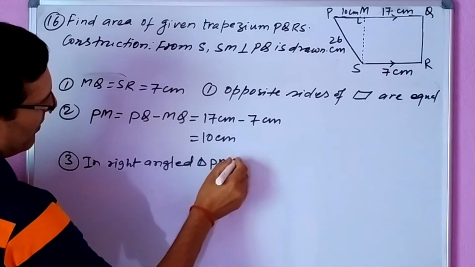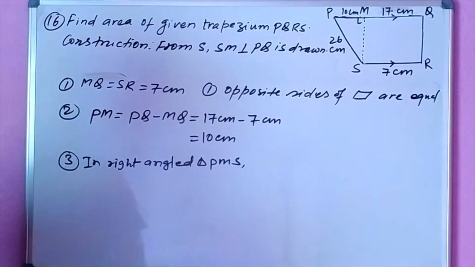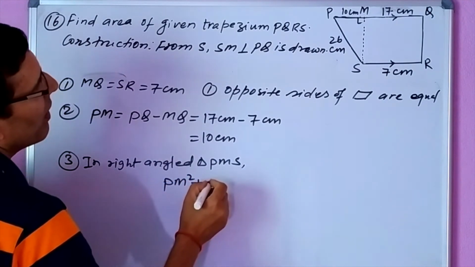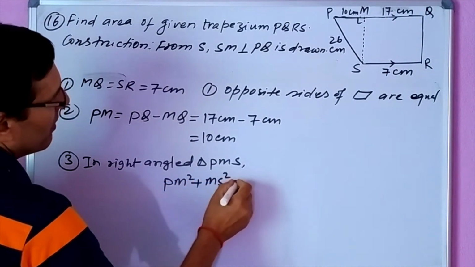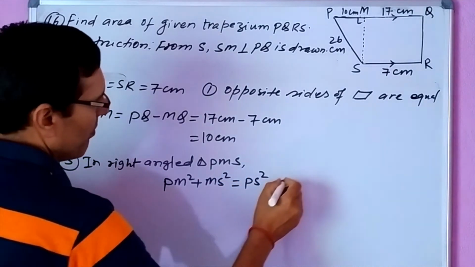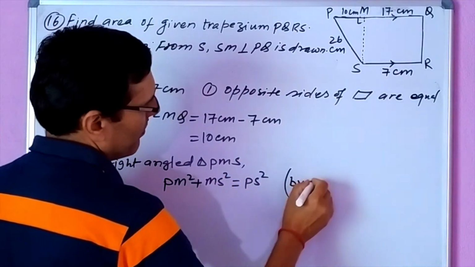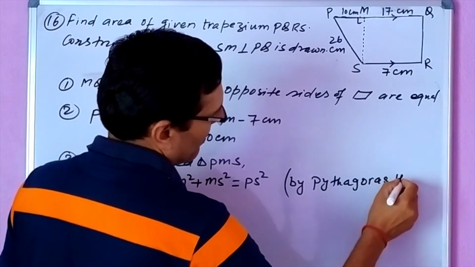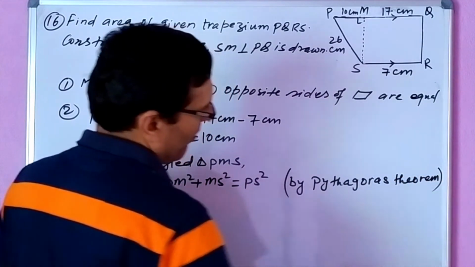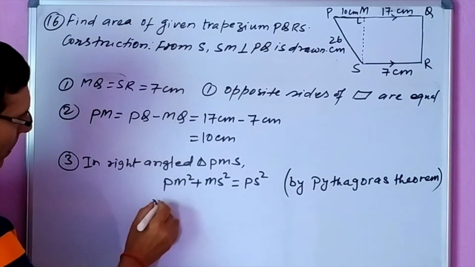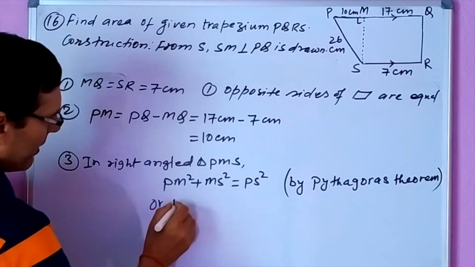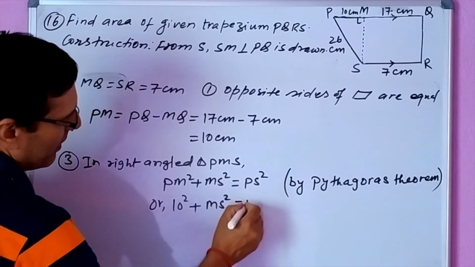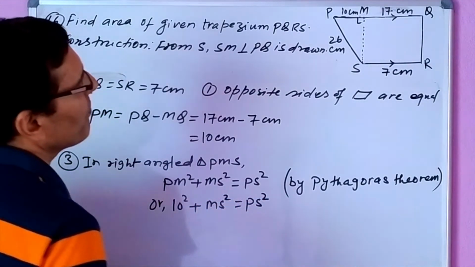In triangle PMS, we calculate MS from here. PM square plus MS square is equal to PS square by Pythagoras theorem. PM is 10, so 10 square plus MS square is equal to PS square.